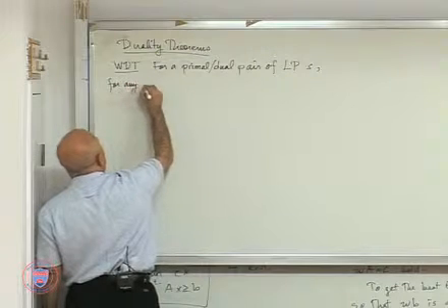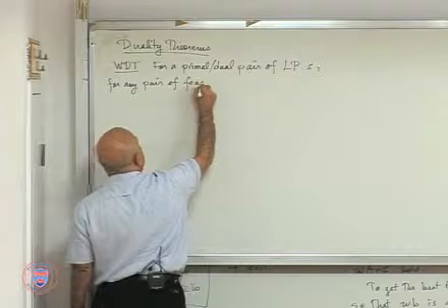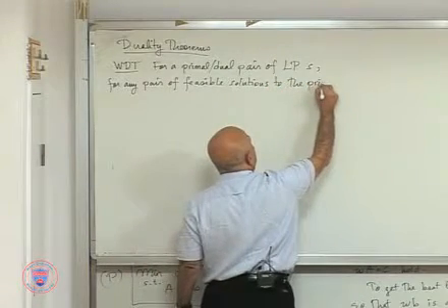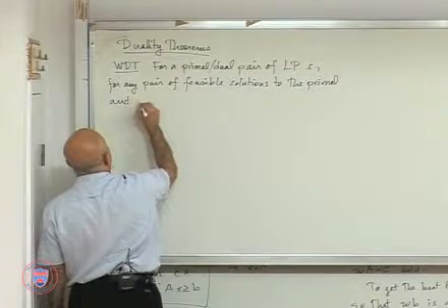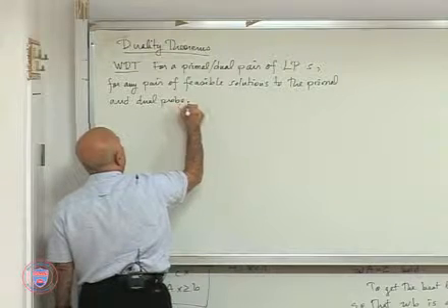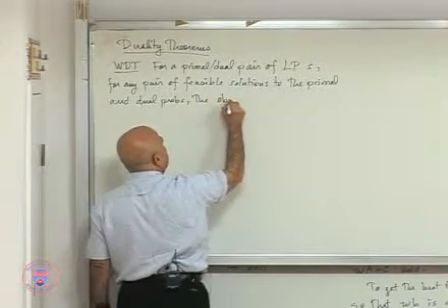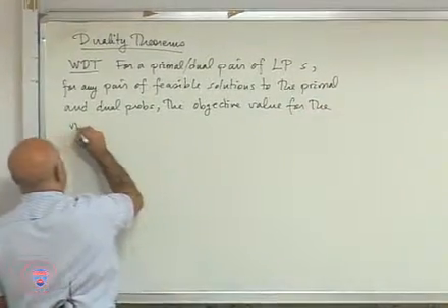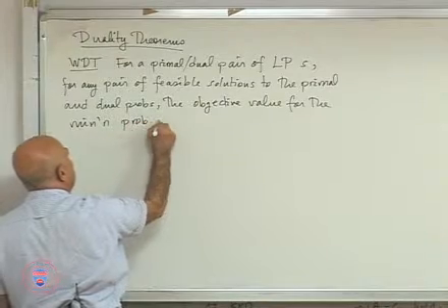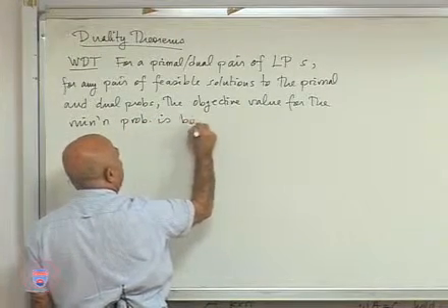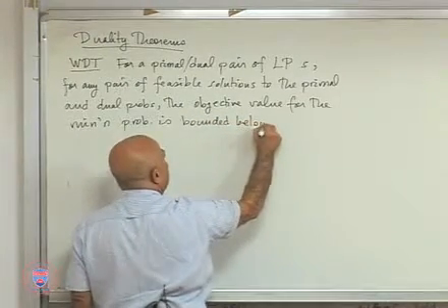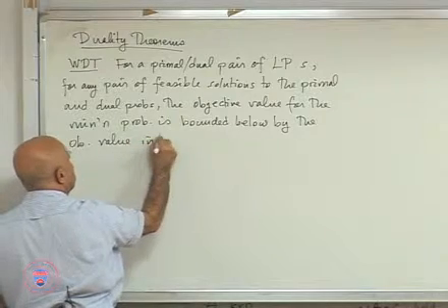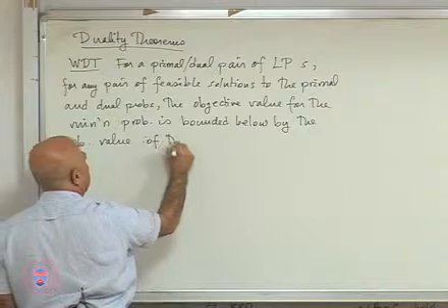for any pair of feasible solutions to the primal and dual problem, the objective function's value for the minimization problem is bounded below by the objective value of the maximization problem.